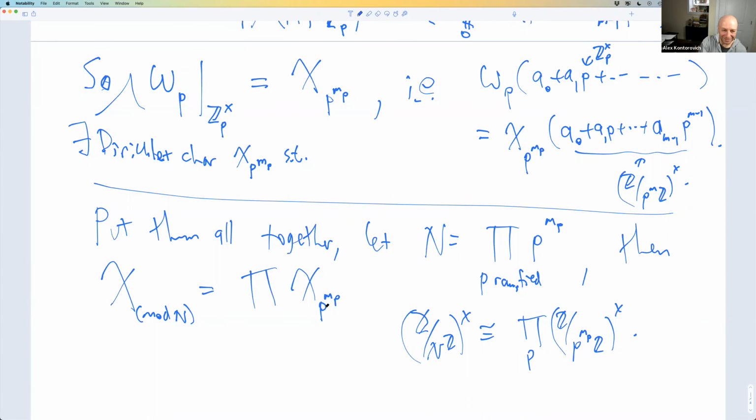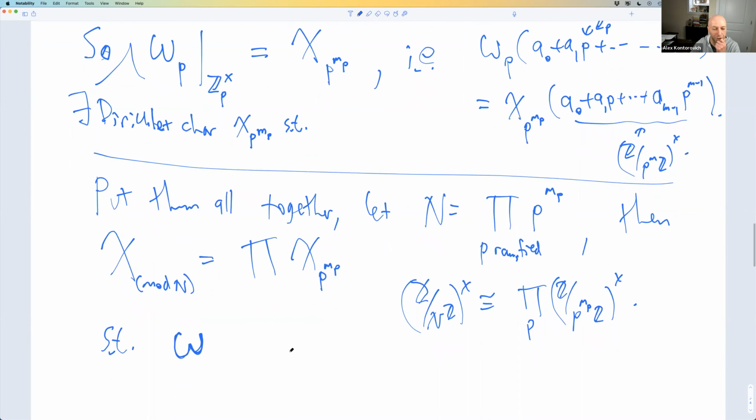Okay, so there's a single character such that omega, the whole thing, restricted to the finite adeles, and in fact restricted to the product of all the Zp crosses, evaluates to chi.